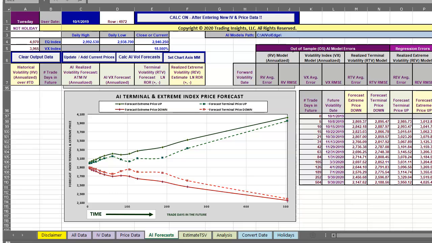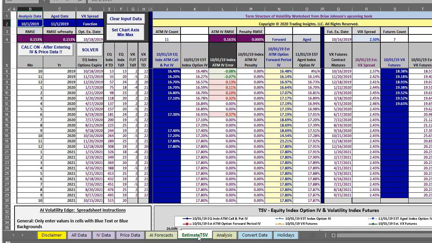All right, so let's move on next to the Estimate TSV tab, and we'll discuss that briefly before going on to the Analysis tab. This optional worksheet uses Solver to calculate the implied forward term structure volatilities from the implied volatilities of at-the-money equity index options and from volatility index futures prices if they are available.